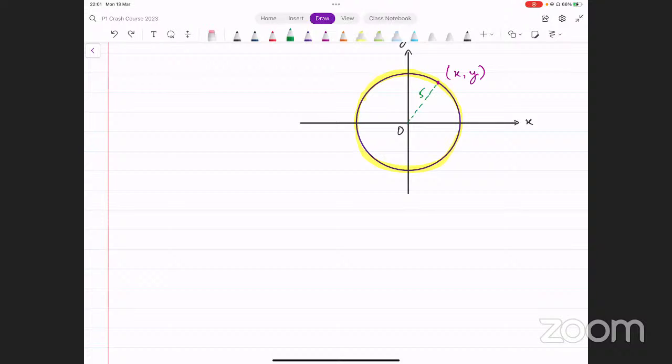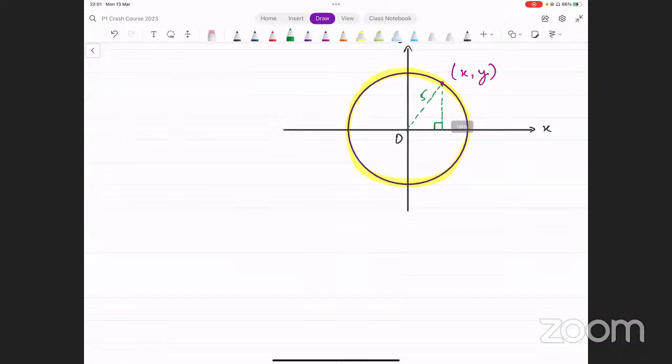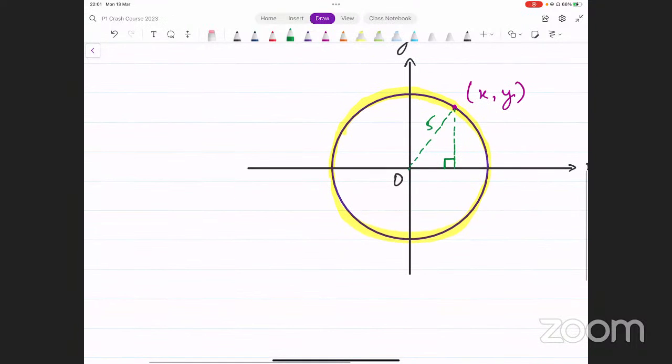If you make a triangle here that looks something like this, such that you have a 90 degrees here, what would be the base of this triangle? You see, the x coordinate of this point is x, so the base of the triangle is therefore going to be x. What about the y coordinate? The y coordinate is y, so this vertical length is going to be y.